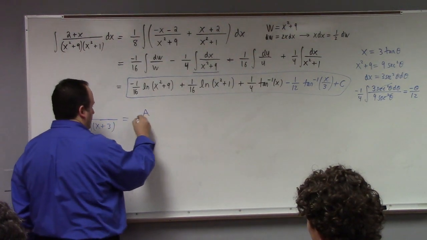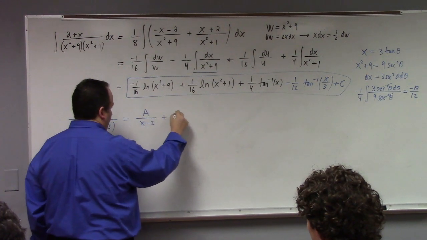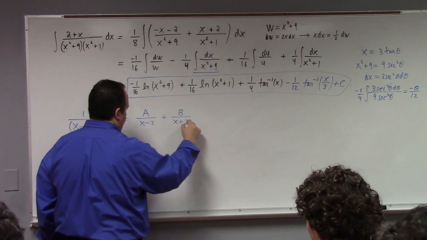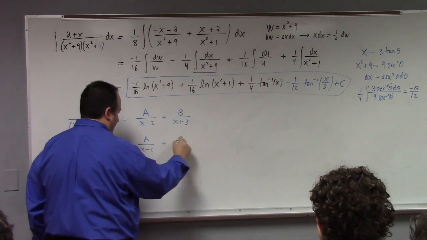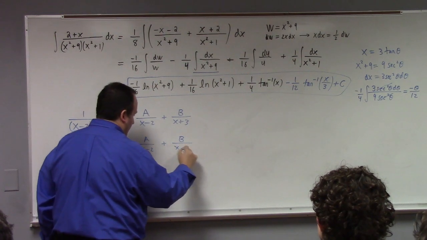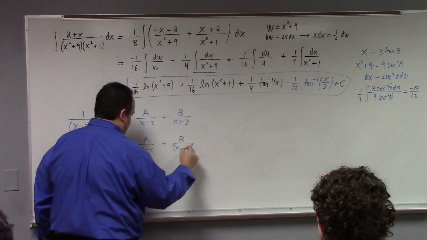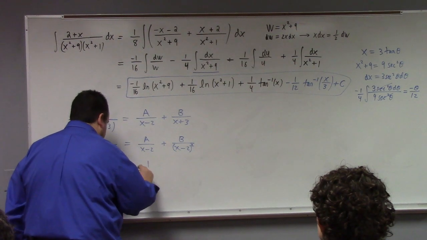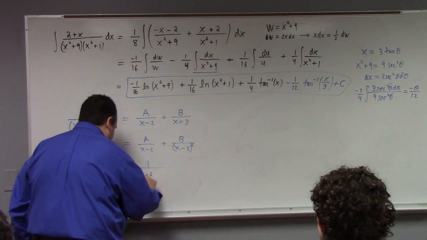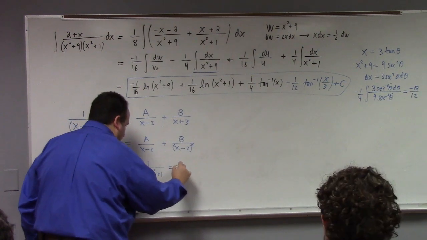This one, we do this. This one, we do this. And this one, I complete the square. So I do something like this.